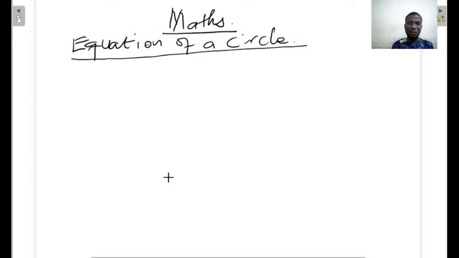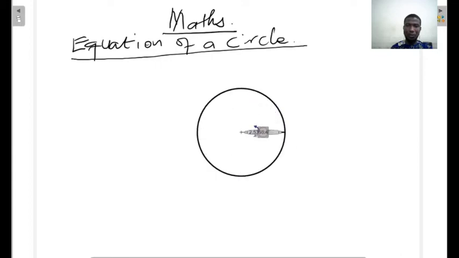Let's now go into the details of the lesson. Let me sketch my circle of radius 2.5 centimeters. There you have my circle with center here.